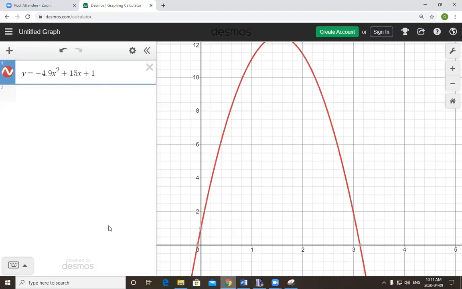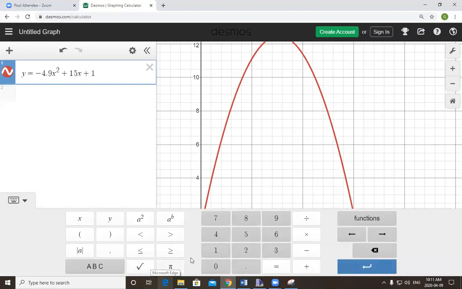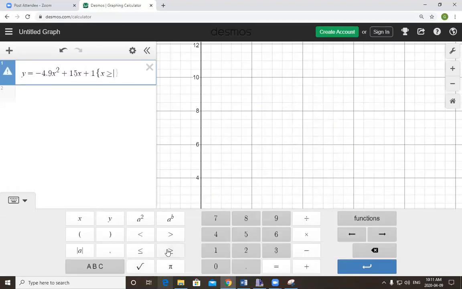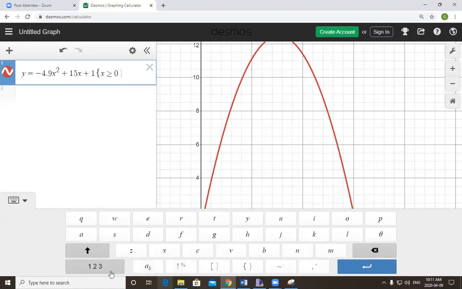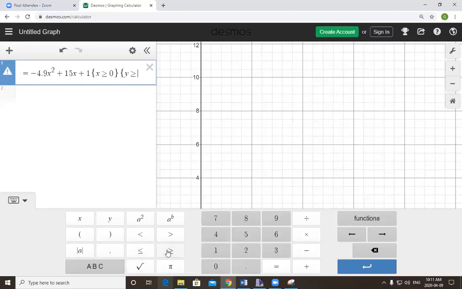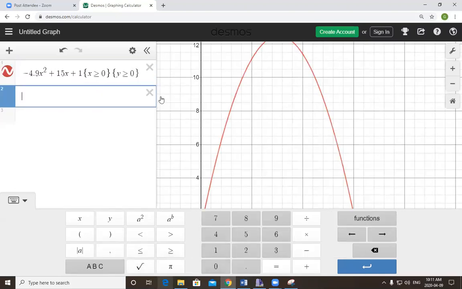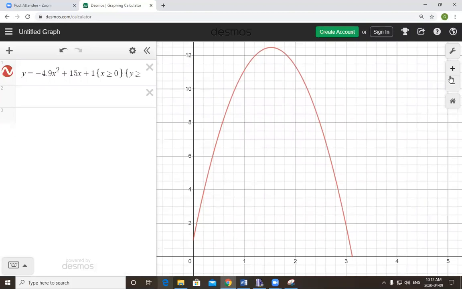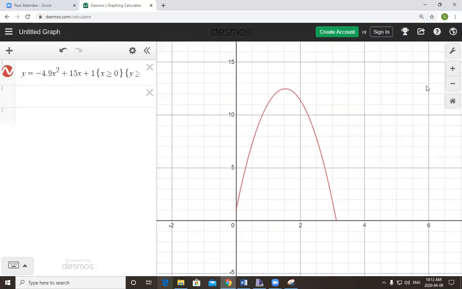Now we're going to state our restriction in quadrant 1. So again, x greater than or equal to 0. Click out, and then click again, y greater than or equal to 0. Beautiful. Got the graph there. Zoom in there.